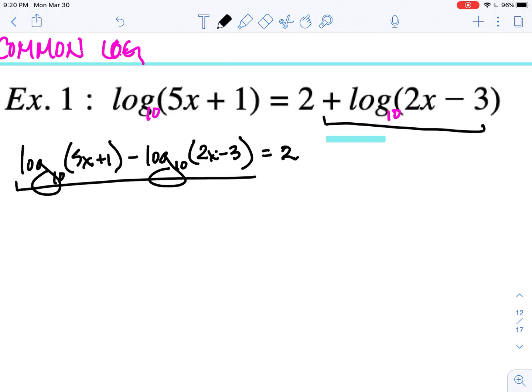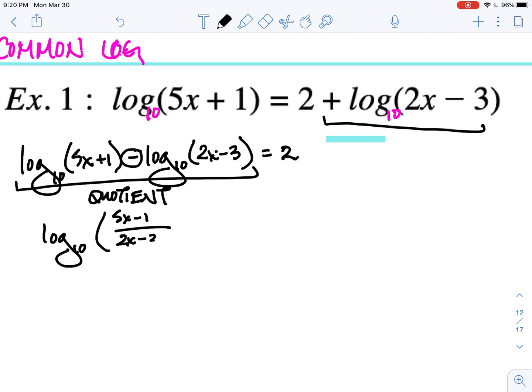And now we're going to take these 2 logs, and they're separated by a minus sign, so I can use my quotient property to combine those 2 logs into 1 log.